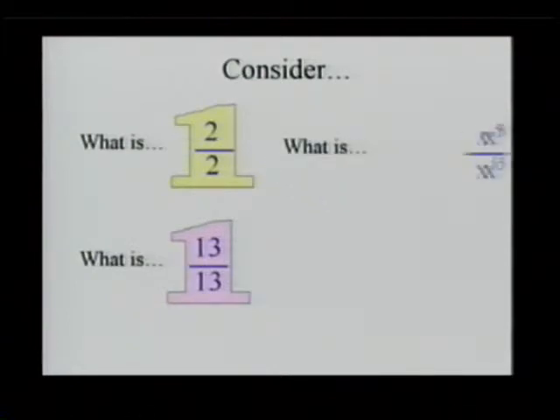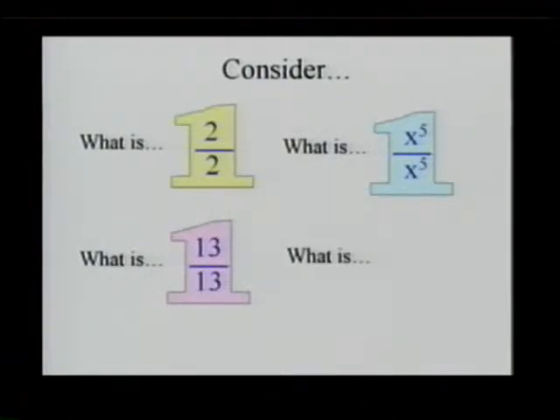What is x to the 5th over x to the 5th? Yes, it is 1. Well, to the point where you're sick of it, what is hunga chapabwa over hunga chapabwa? Yes, anything over itself is 1.